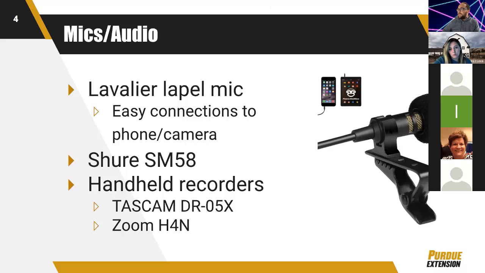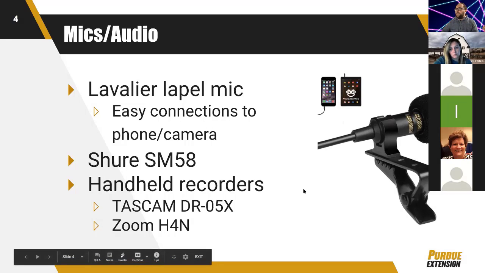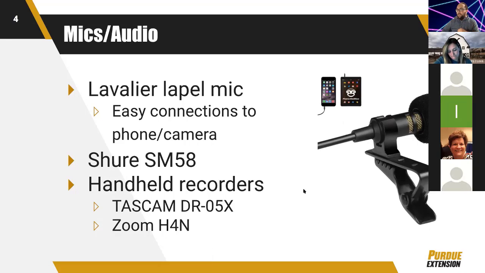It's actually quite small, not as big as it looks, and it plugs into phones and iPads. So if you're recording with your phone, you have that little clip mic you can put on your shirt. This one is about $30, and I think it works really well, which is pretty inexpensive for all that it does, capturing good audio, especially if you're out in the field recording a video.